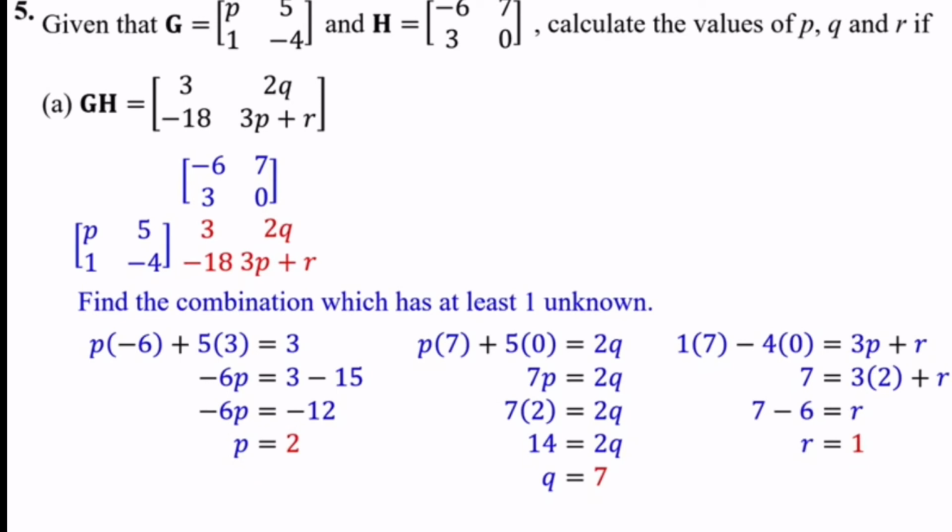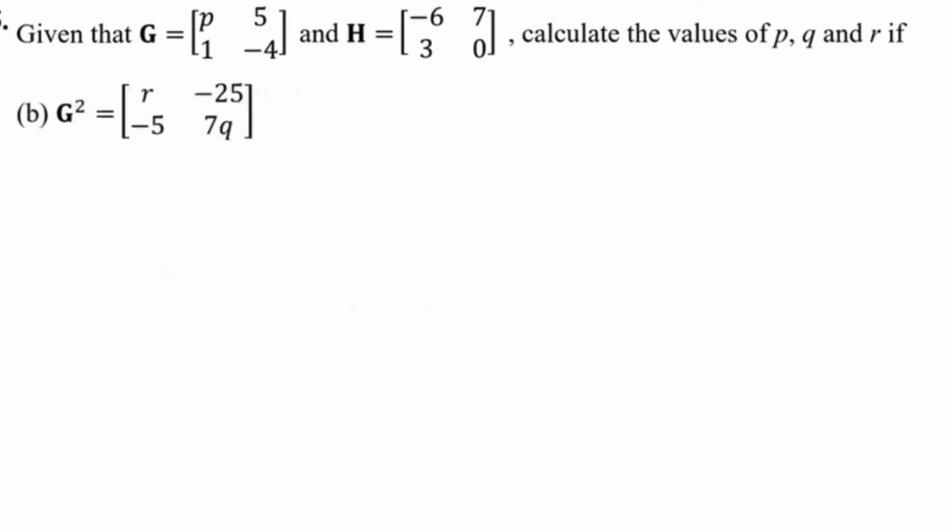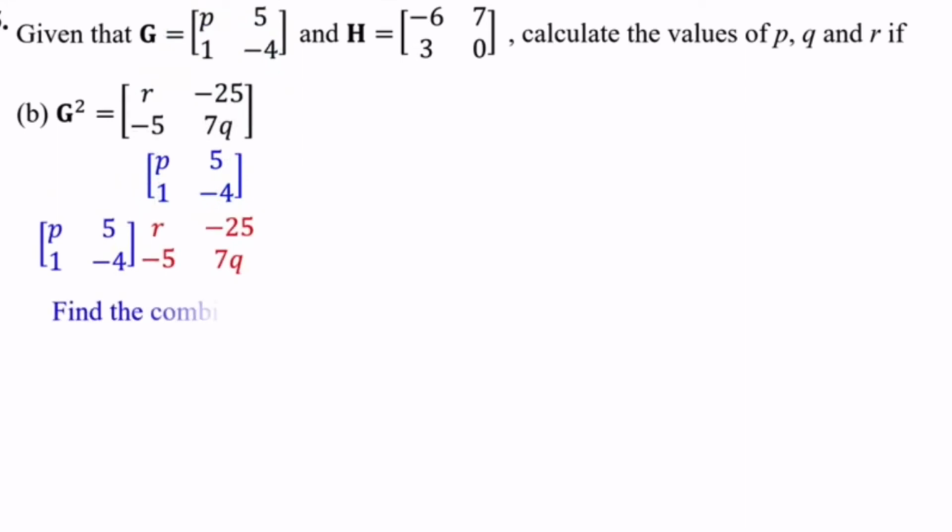So let's proceed to the next question. Alright, for g square, we will take g times g, and the answer was given. So we will multiply, then we will equate to the answer given. Okay, so we take p, 5, 1, negative 4 and we multiply both of them, so it will become g square, which is given the answer.